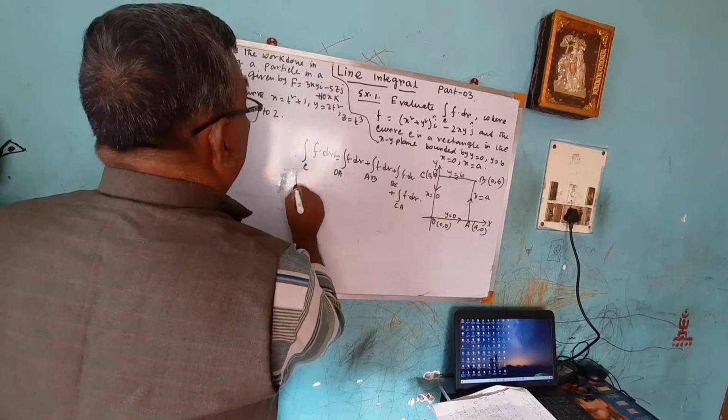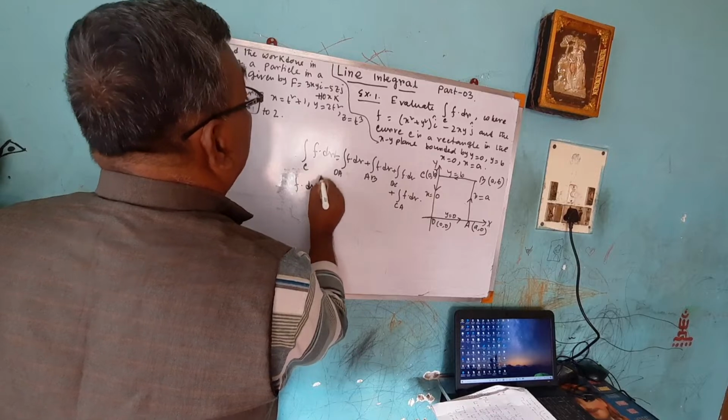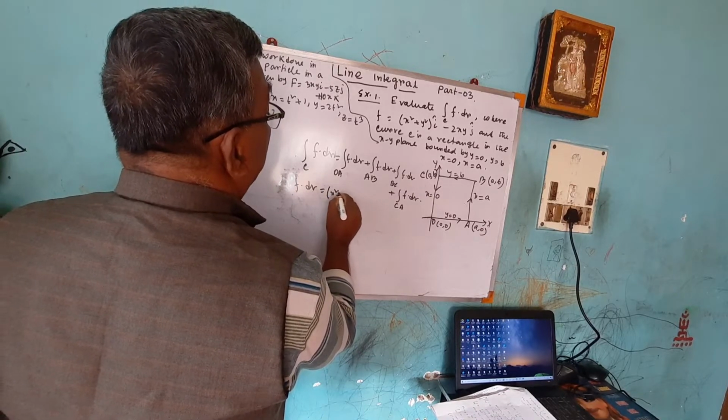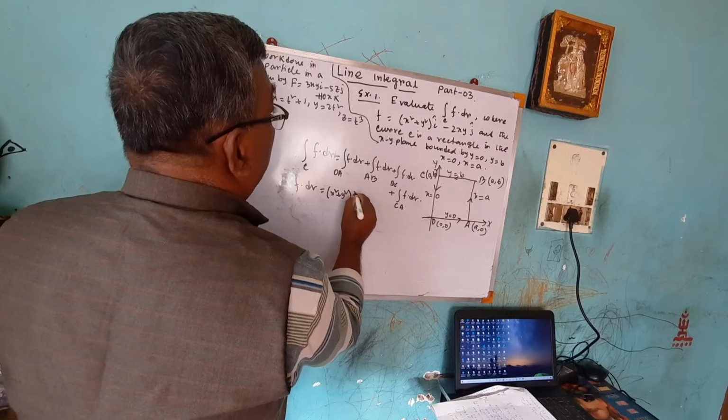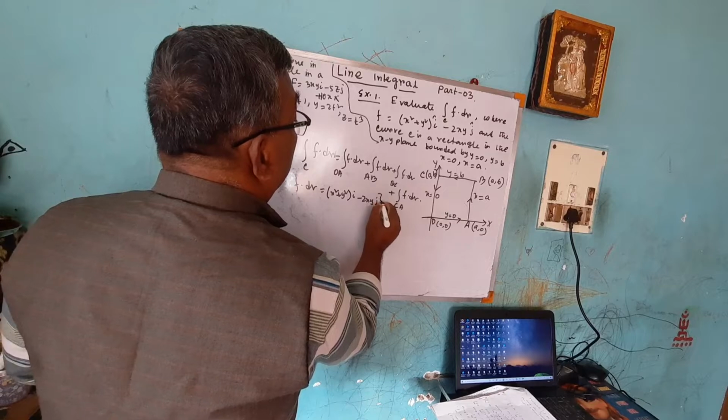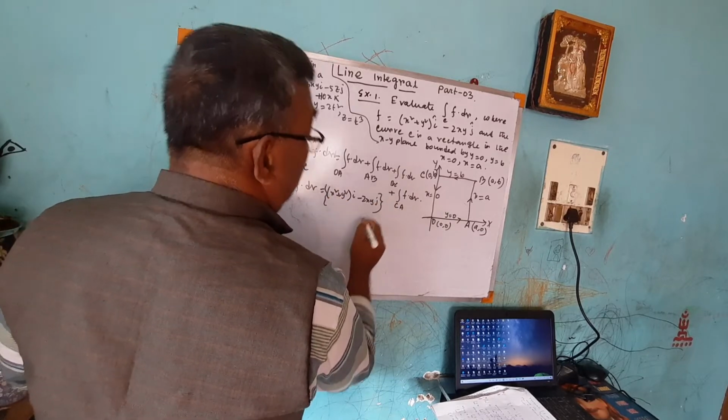F is given: F equal to (x square plus y square) i minus 2xy j.